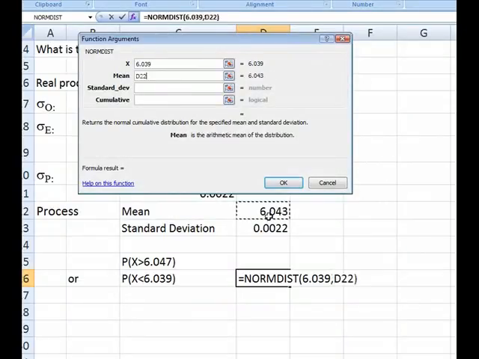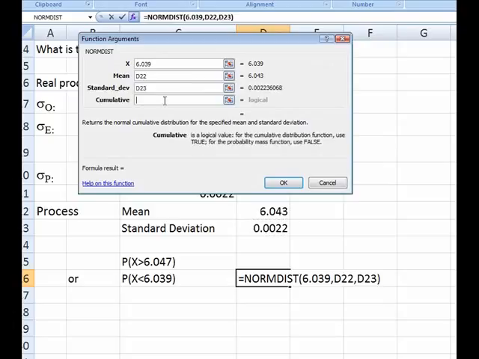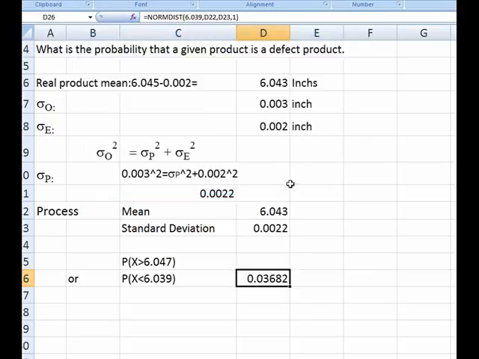I just click that cell, and for the standard deviation, I just click the standard deviation cell. Remember, for the cumulative cell we always key in 1, which means true, and then we click OK. This is the probability of x smaller than 6.039.